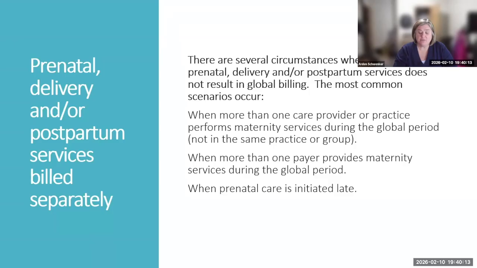If pre-authorization was obtained and the diagnosis in the pre-authorization was for blood pressure monitoring or for preeclampsia, probably, but it's going to depend on the payer. A lot of things depend on payer policy, or your contract, especially in a hospital.